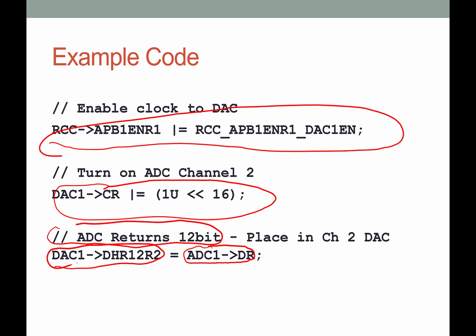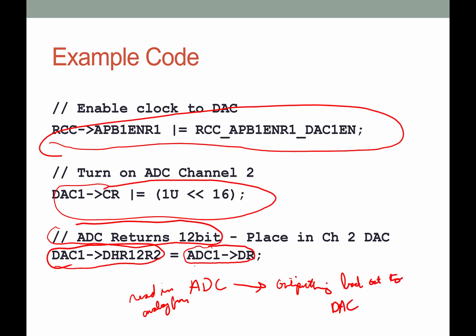So we're reading in analog from the ADC and then outputting it back out to the DAC. Whatever you had in that data register from the analog to digital converter, you're putting it back out on the digital to analog converter.